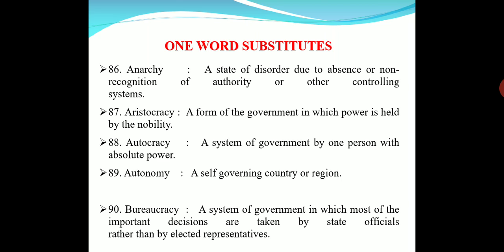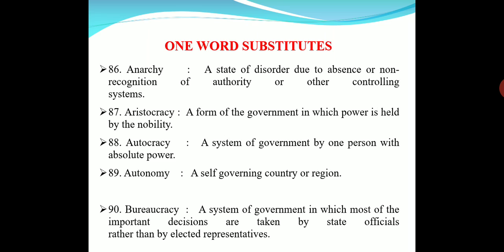And anarchy. Anarchy is the state of disorder due to absence or non-recognition of a authority or other controlling systems. Anarchy. There is no order. Okay? There is no authority. And aristocracy. Aristocracy is a form of government in which power is held by the nobility, the nobles.